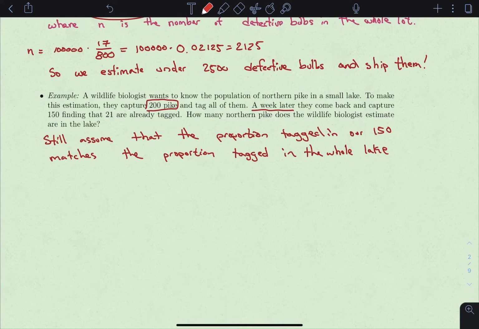So again, we're assuming an equality of proportions.